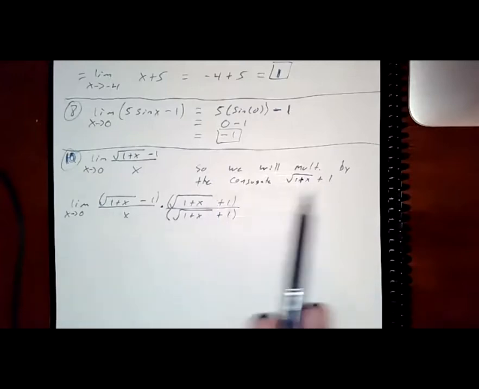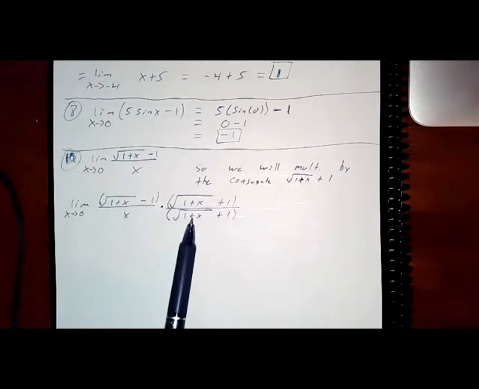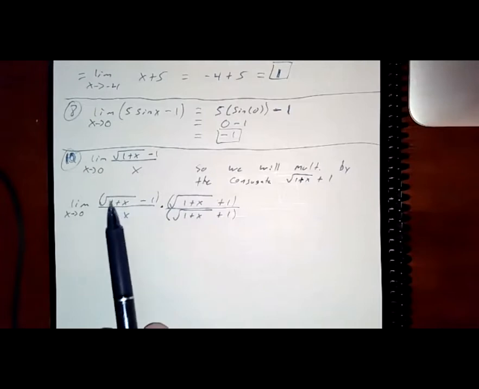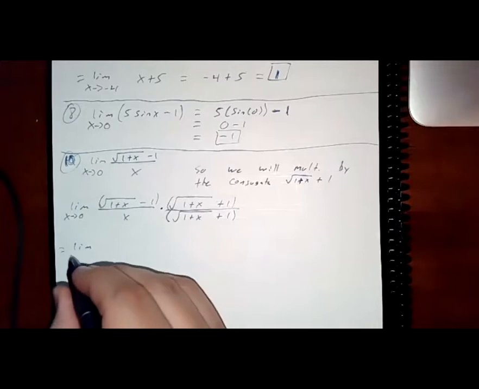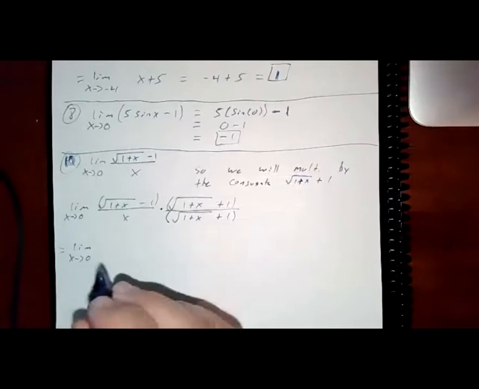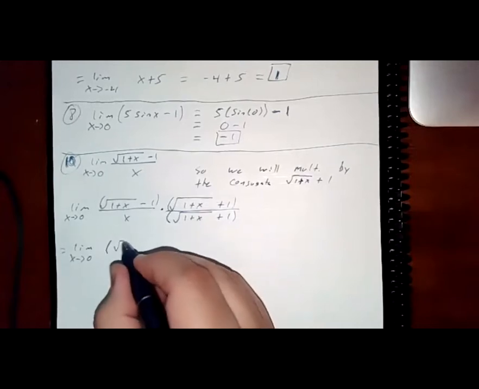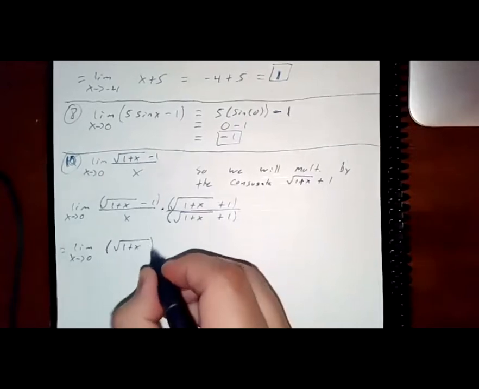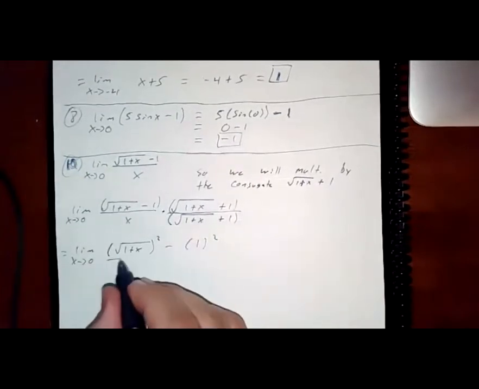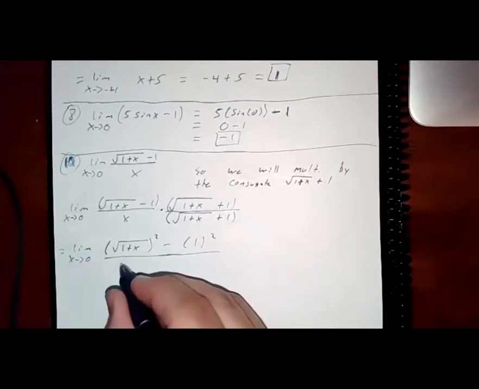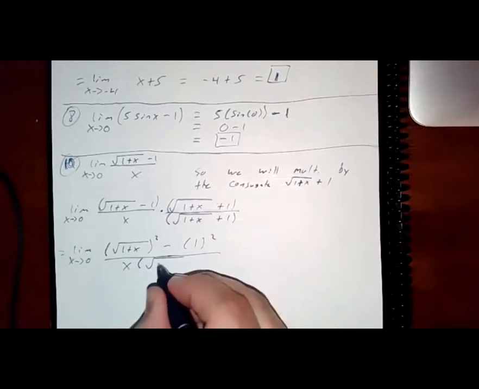So the reason I decided to do this is because I saw the root minus 1. This will force it to basically do a difference of squares on the top, so I can get rid of the radical. When I do this multiplication, the top will become this piece squared minus this piece squared, and the bottom will have x times that piece I multiplied by.